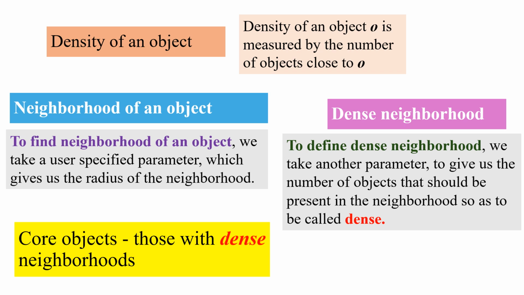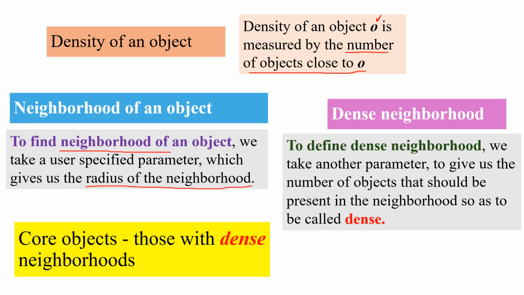So some definitions. As we said, the density of an object is measured by the number of objects close to the object in consideration. So the density of an object O is the number of points close to O. To find the neighborhood of an object, we take a user specified parameter which will give us the radius of the neighborhood.